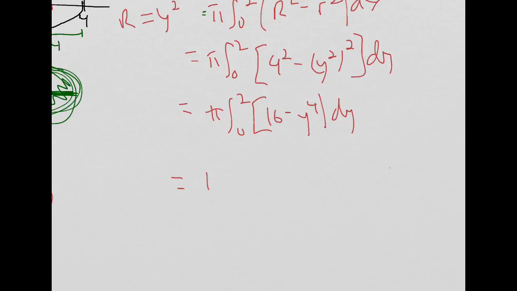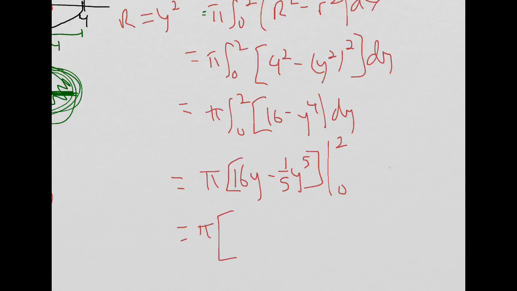That gives me pi times, now I'm going to integrate, 16y minus 1/5 y to the 5th power. And I need to evaluate that from 0 to 2. Well, the 0 is nice. That's going to go away. I get pi times 16 times 2 minus 1/5 times 2 to the 5th. And then I subtract 0 plugged into that, which is just 0.